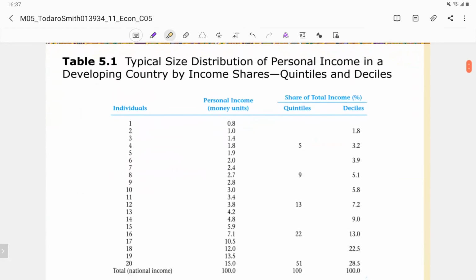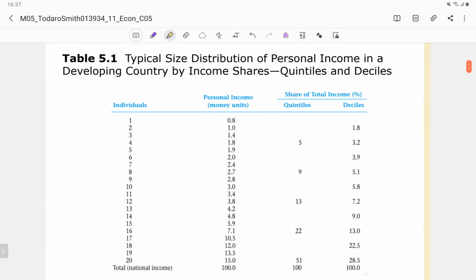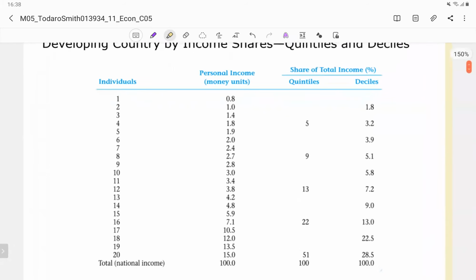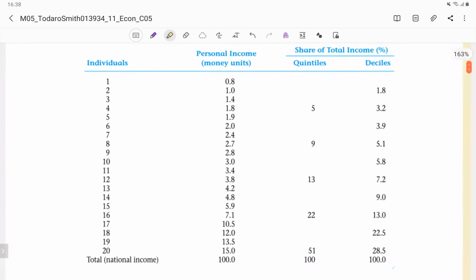So this is an example of the size distributions. This is the typical size distribution of personal income in a developing country by income shares. Basically what you want to do is order the individuals based on their personal income, from the smallest to the largest.